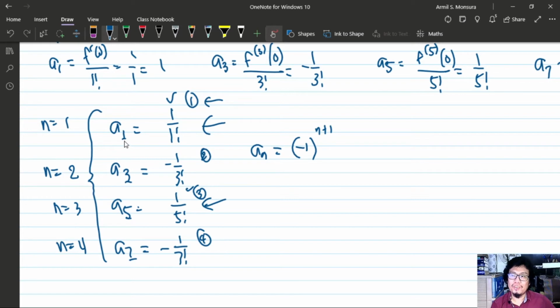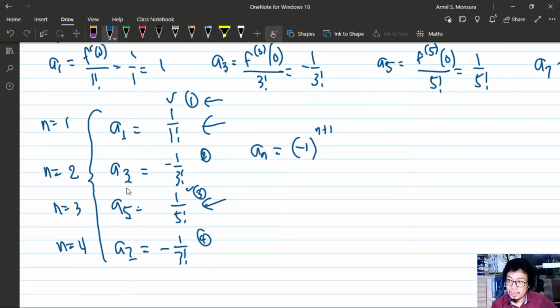We'll consider the coefficient a1 to be the coefficient when n is equal to 1, the coefficient a3 as the coefficient when n is equal to 2, and so on. That's the reason why we actually drop those terms that are zero already.